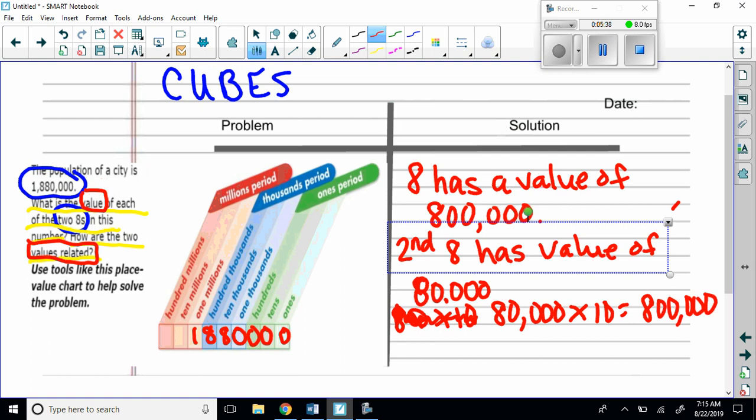This helps me to show how those two are related. So this lets me know that 800,000 is 10 times as great as 80,000.